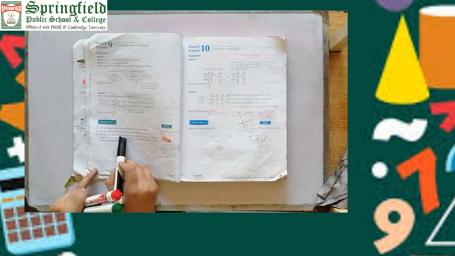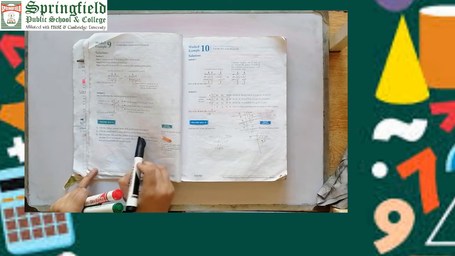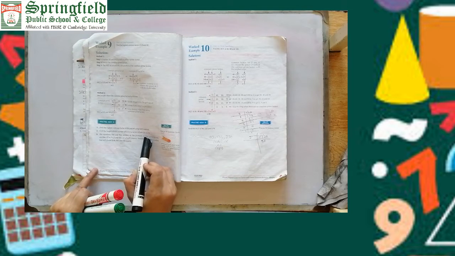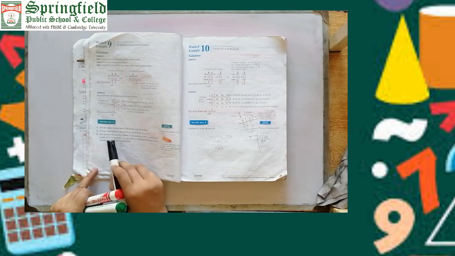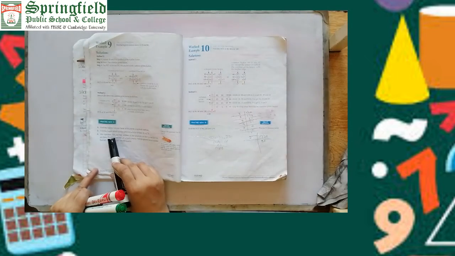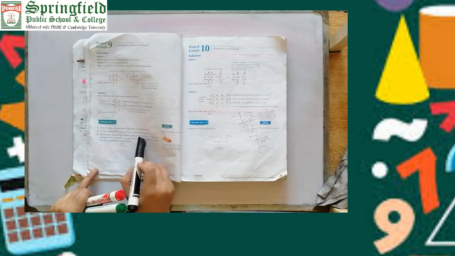Find the largest whole number which is a factor of both 28 and 70. Largest and highest have the same meaning. Again they are asking about the HCF of 28 and 70. Now in question number 2, it's your choice.